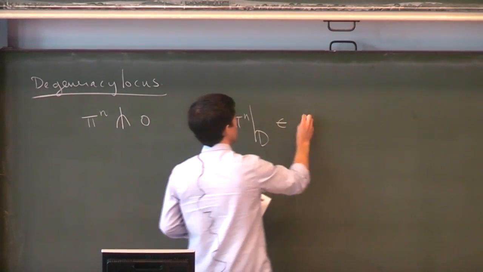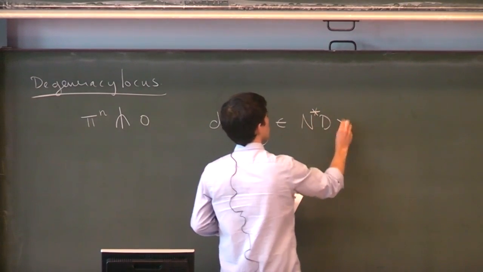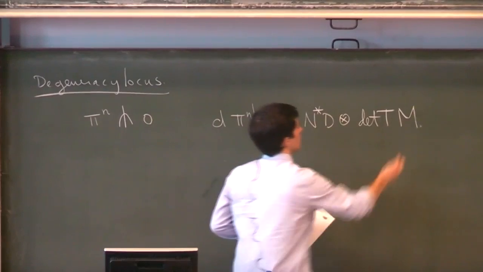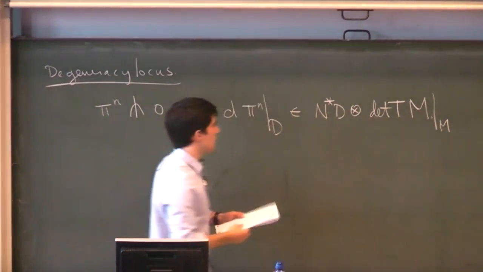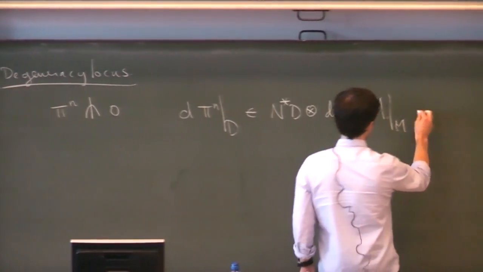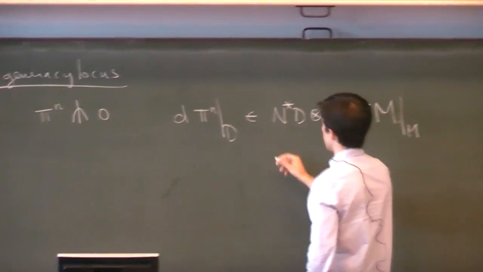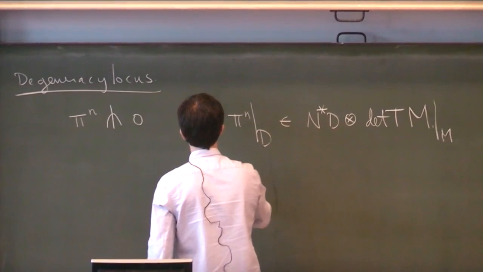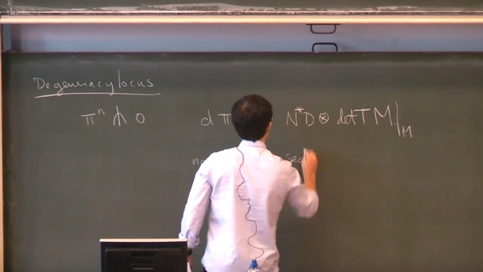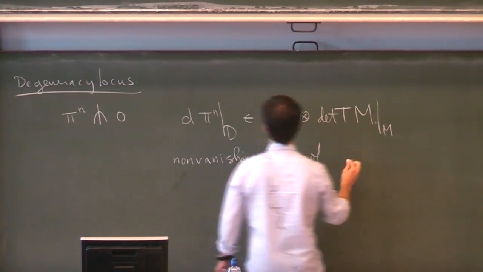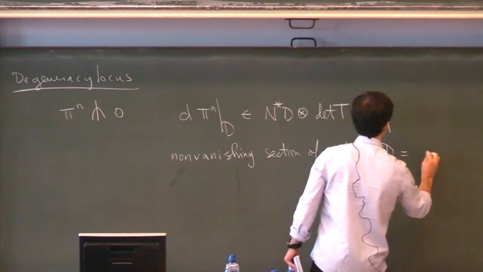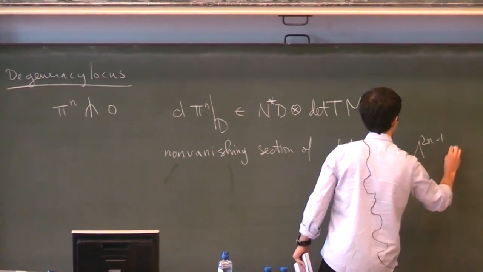Okay, and this will be a conormal co-volume tensor because I'm taking a derivative. And then what you can show is that this is actually a non-vanishing section of the determinant of TD, in other words, in wedge 2n minus 1 of TD.